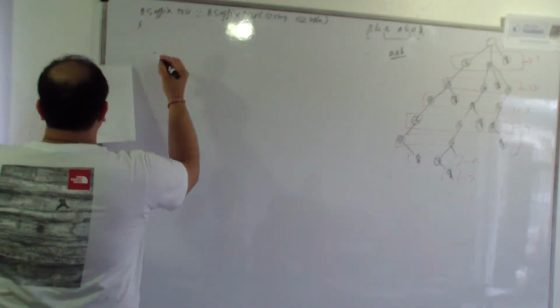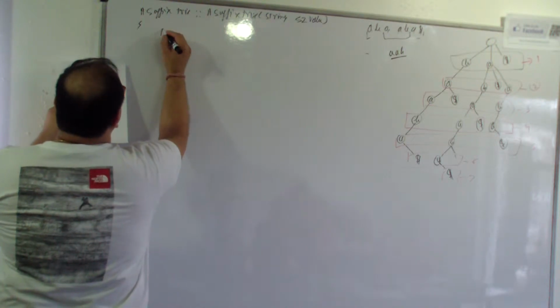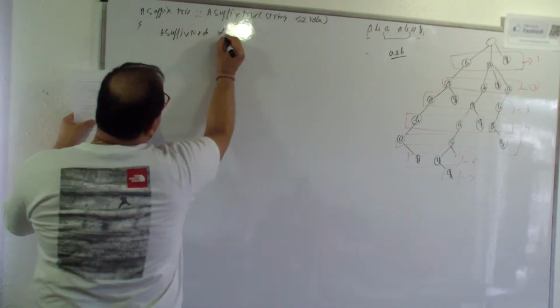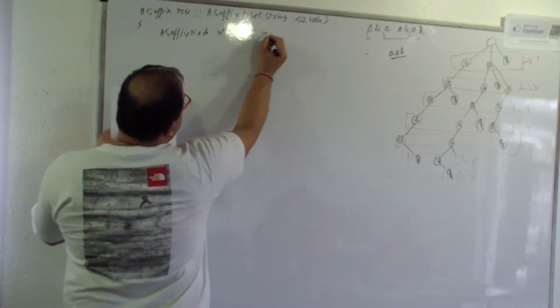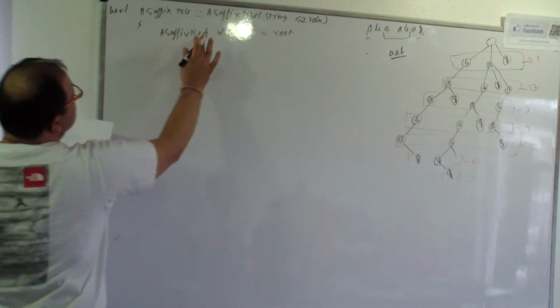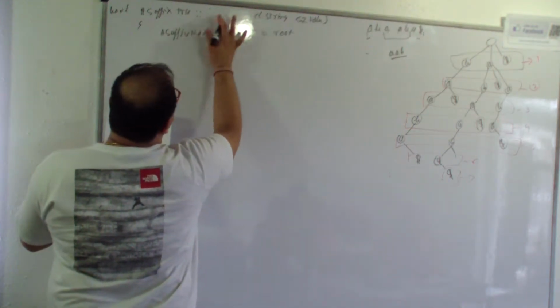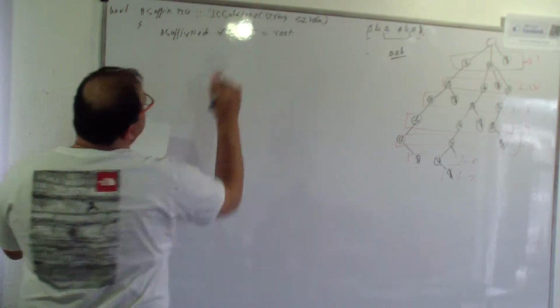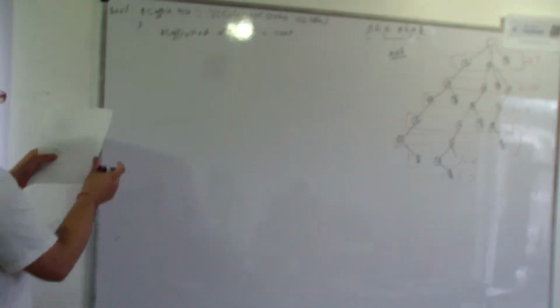So the code for that is extremely simple. Code for that is a SuffixNode star current is equal to root, and this is Boolean isSubstring, string value. Okay.